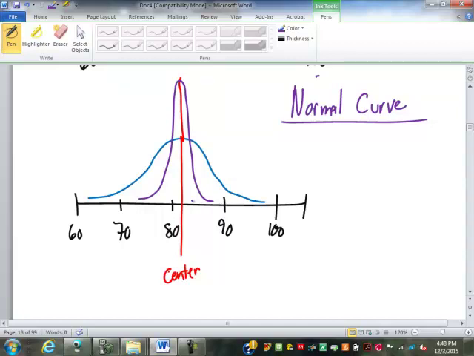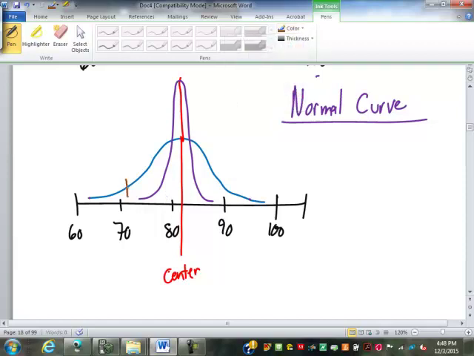The blue one's way wider. What this is saying is, the blue one's saying, yeah, the center is at 81 or 82, but the scores are really spread out. Some people scored really low, some people scored really high. But the purple curve is saying, yeah, the center, the most common score was 81 or 82. And almost everybody was really close to that.